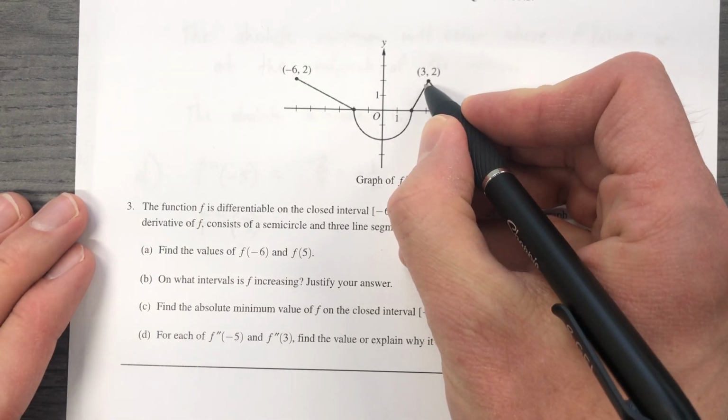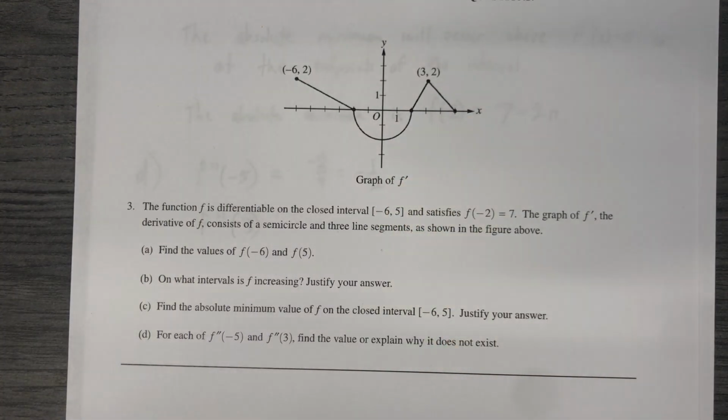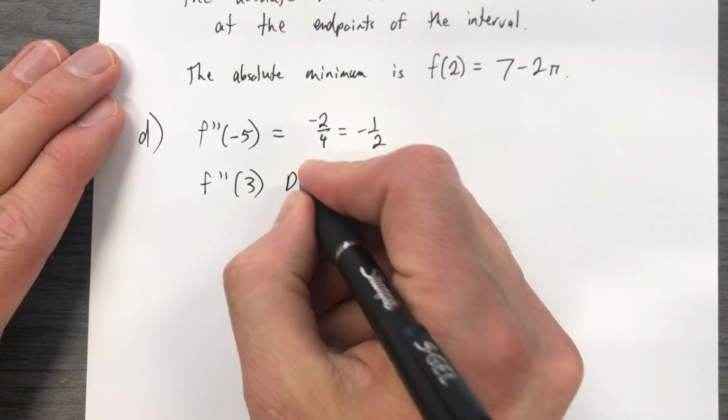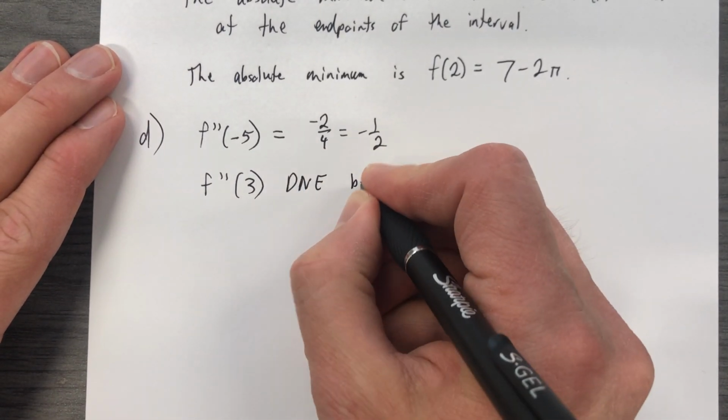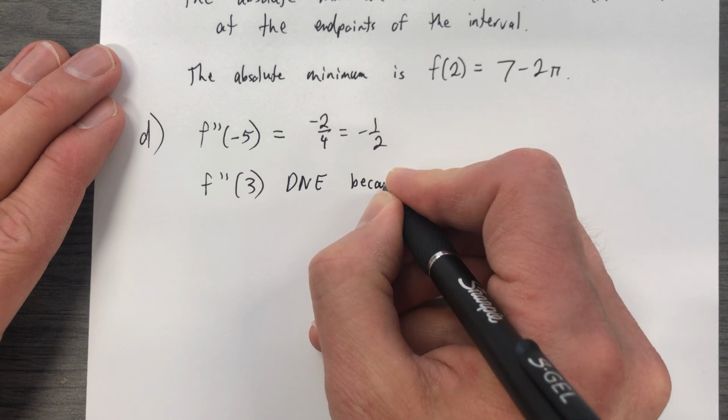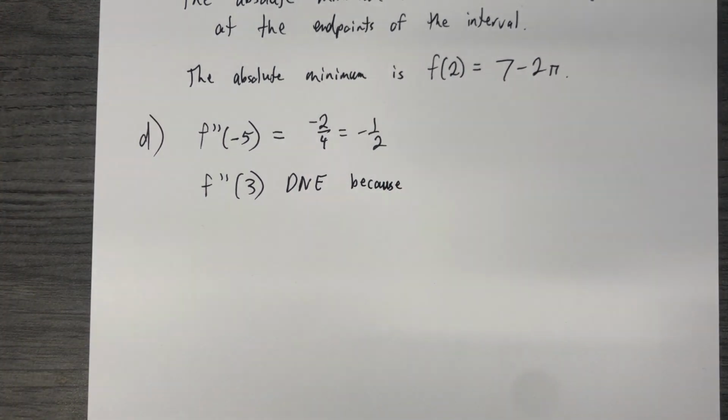The slope from the left doesn't match the slope from the right, and we're going to get really technical with this. This does not exist because, and we're pulling out an old formula here, the slope from the left doesn't match the slope from the right, and we're going to use the formula for slope at a point.